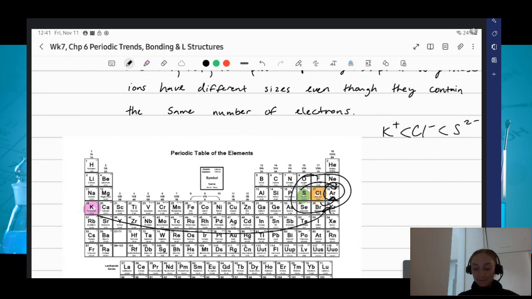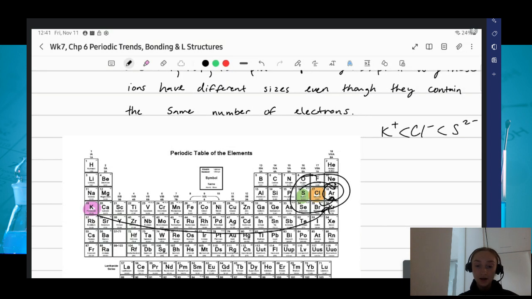But there's also electron-electron repulsion in the orbitals itself. So there are two theories going on here: electron-electron repulsion, but also gaining electrons can bring it closer to the nucleus.